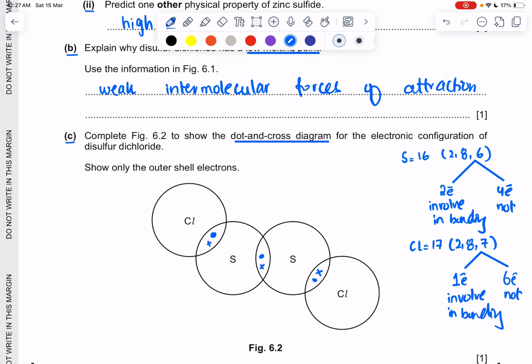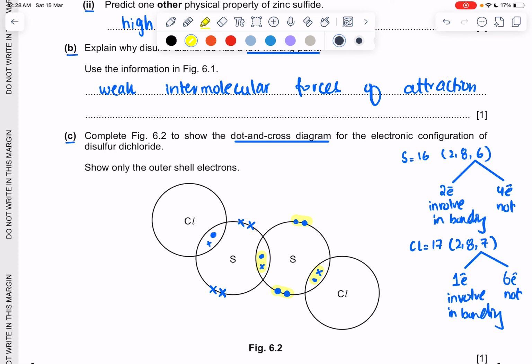Now we have to draw the electrons that are not involved in bonding. For the sulfur, we have 4 electrons. So I will put 4 crosses, 1, 2, 3, 4 for this sulfur. For the second sulfur, I use the dot, so I will put 4 dots like this. If you count the electrons, 1, 2, 3, 4, 5, 6, 7, 8, the total is 8 electrons.